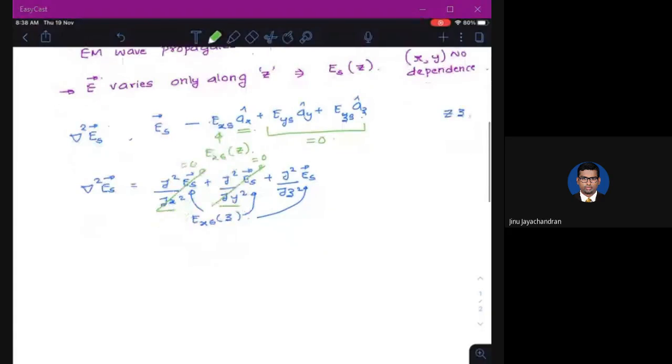So del square Es is equal to dou square by dou z square Es, which is equal to dou square by dou z square Exs of z.